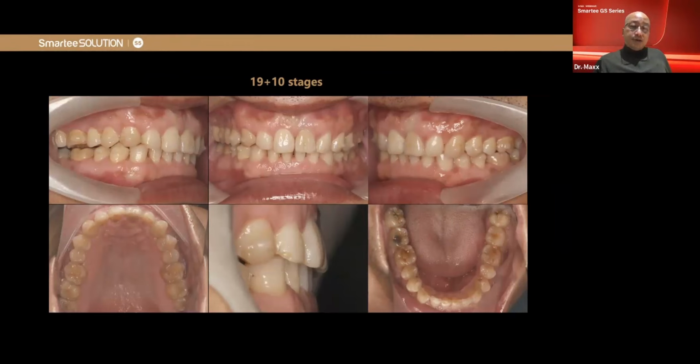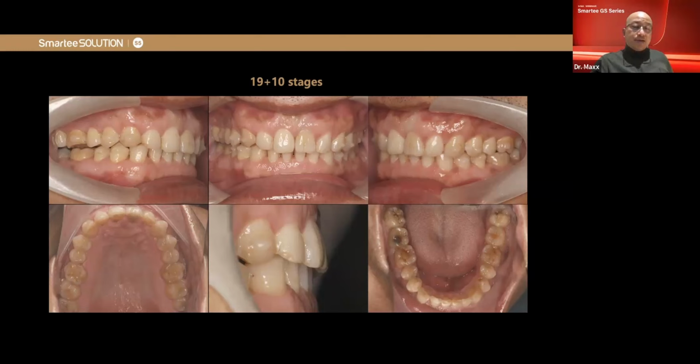And this is the result. The deep overbite is quite improved. Its result is 19 plus 10 stages. Why is it 19 plus 10? During the first 19 stages, we closed the upper incisor space.